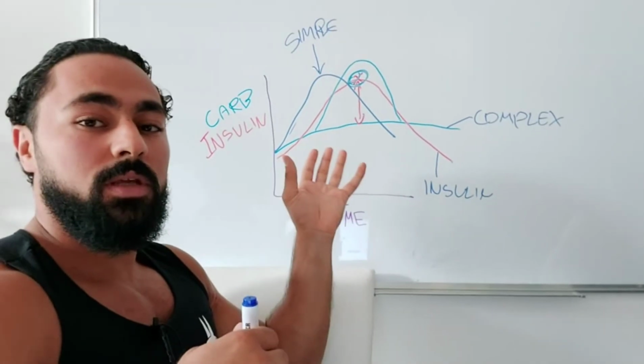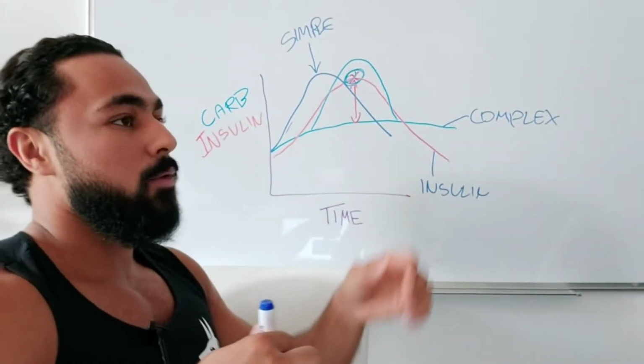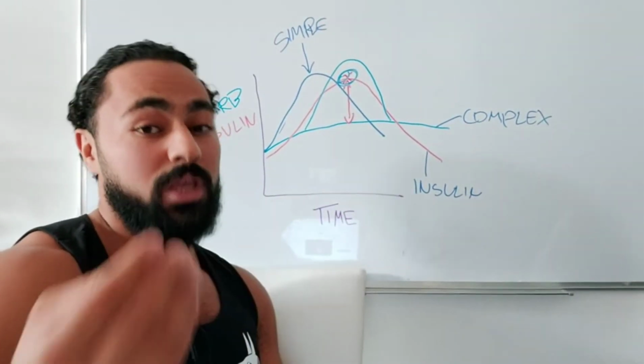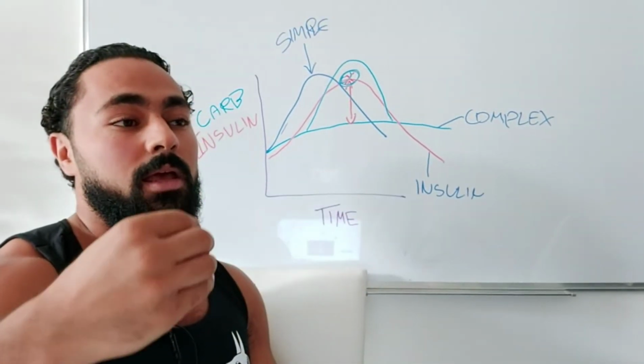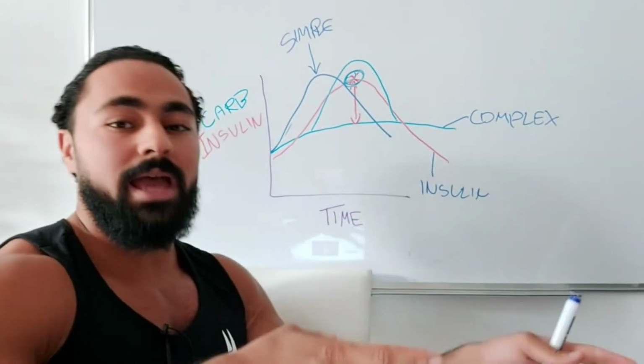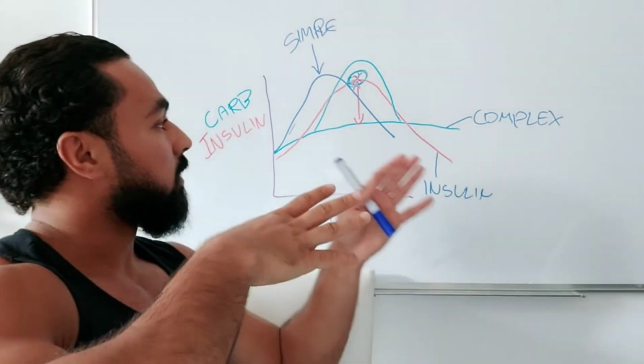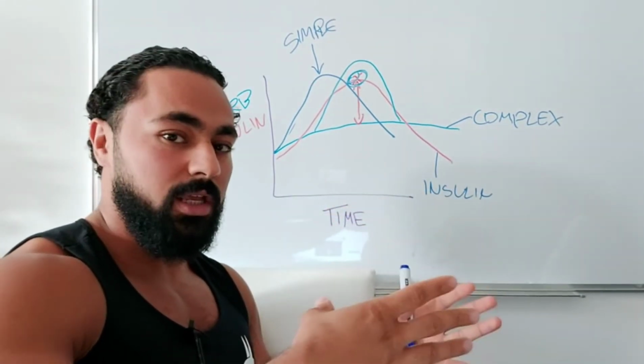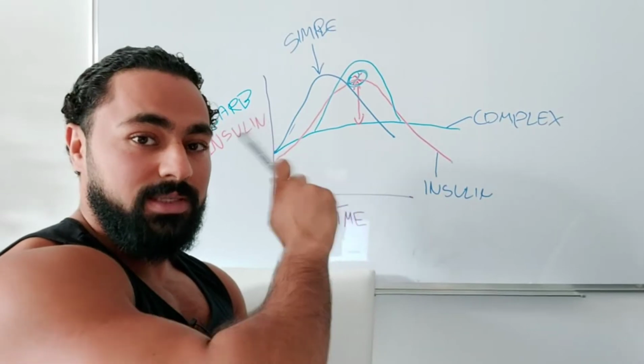The reason I'm showing you this is for you to understand how your body works and how your kid's body works, how the insulin affects your kid, how he or she reacts to it. This doesn't happen all the time, just to let you know. But what you can do, this is a test.